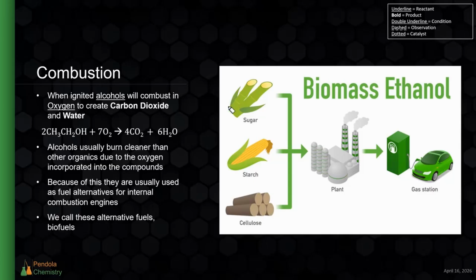So here we have our two reactants, the alcohol, whatever that alcohol may be, and oxygen reacting with each other, meaning that they're reactants, that's why we have them underlined, to create carbon dioxide and water. So this is not going to create any type of organic product. It just creates the simplest forms of these compounds, which are CO2 and H2O.